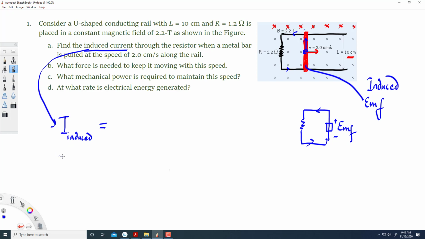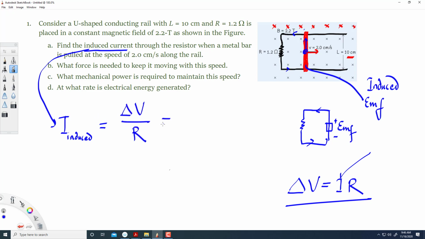We know from Ohm's law, delta V is, what's the Ohm's law? I times R. If I want to find I, then I get delta V and divide that by R. And we just derived an equation for this delta V, which is EMF. What is that?